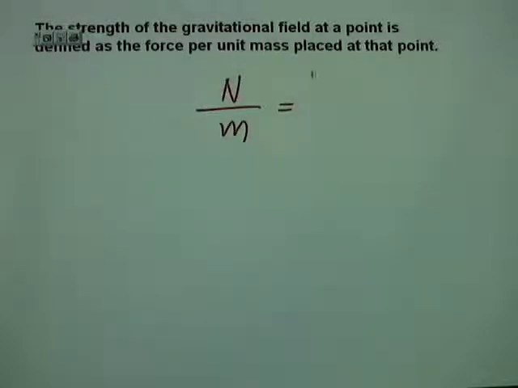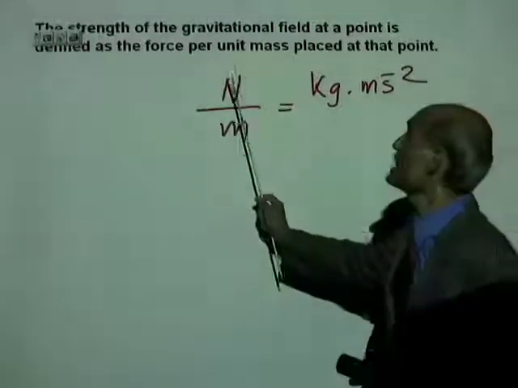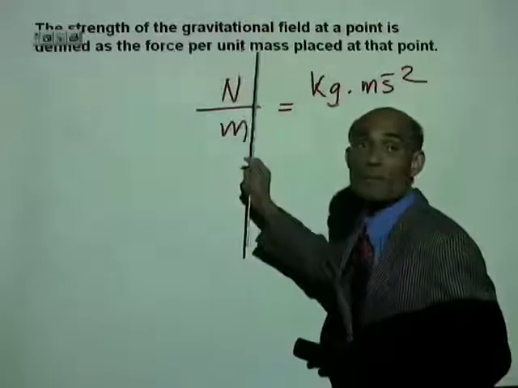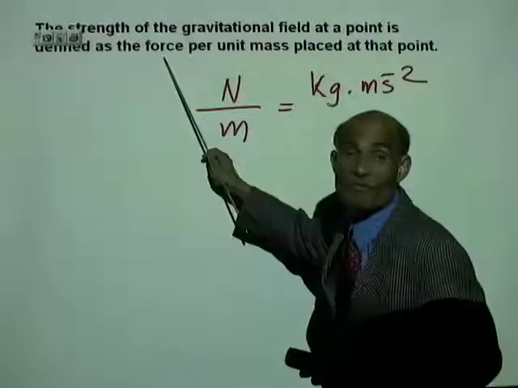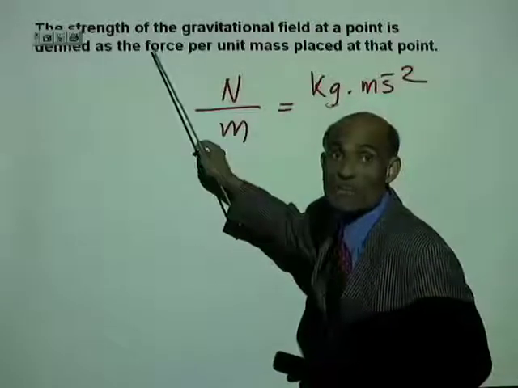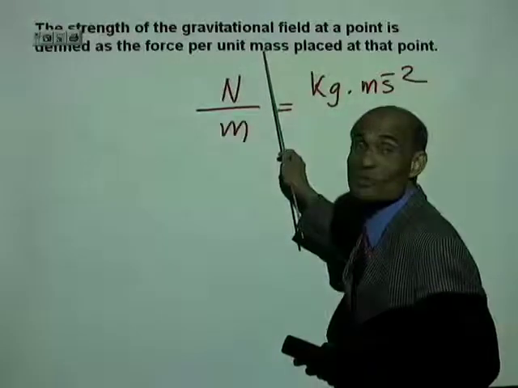A Newton is a kilogram meter per second squared. Is that right? Alright, now let me make one correction to what I have been saying: the strength of the gravitational field is the force per unit mass.